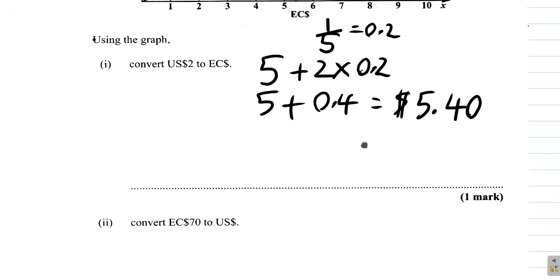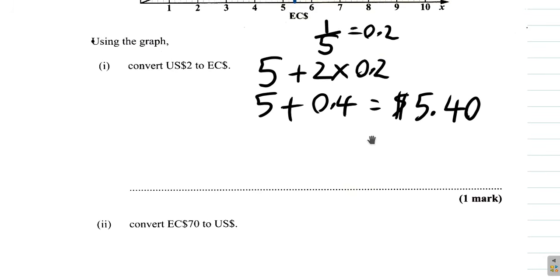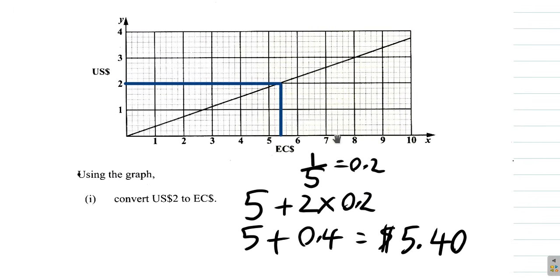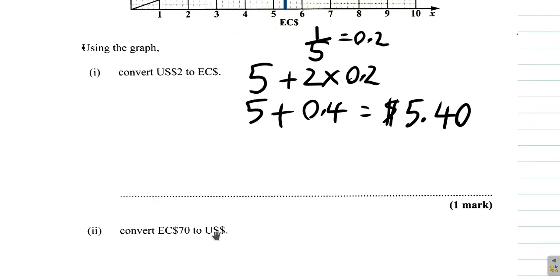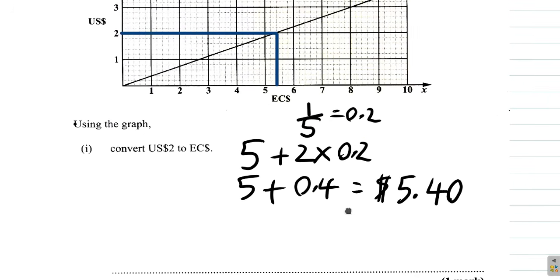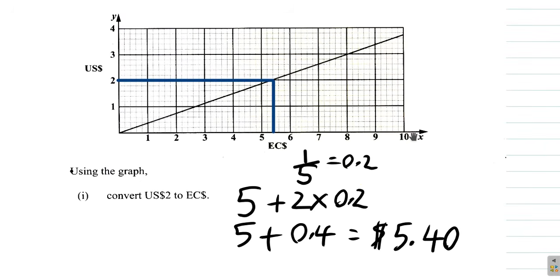But when you look at the graph, they ask you to convert 70 EC to US, but the graph stopped at 10 EC. So 70 EC would be way out to the right, 7 times this 10. So it's off the graph.